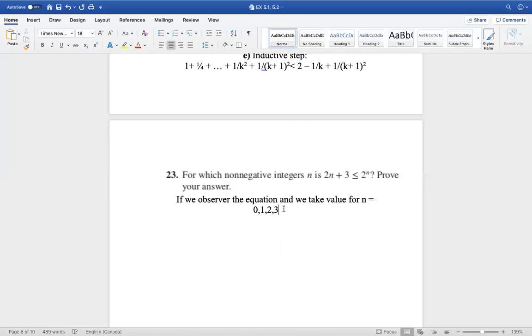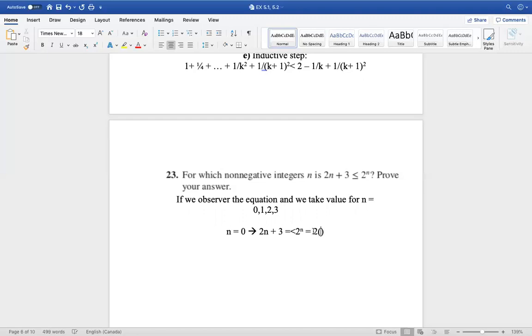Let's evaluate this equation. When n equals 0, this statement here, 2n plus 3 is less than or equal to 2 to the power of n.